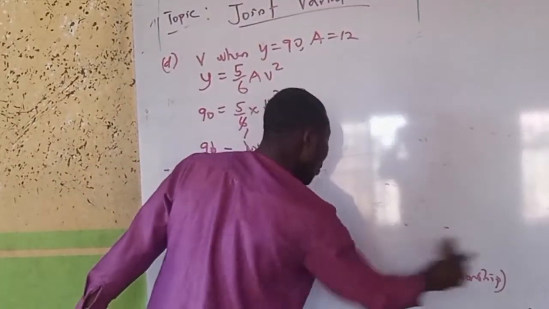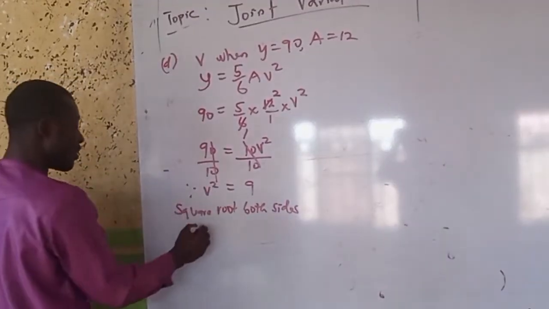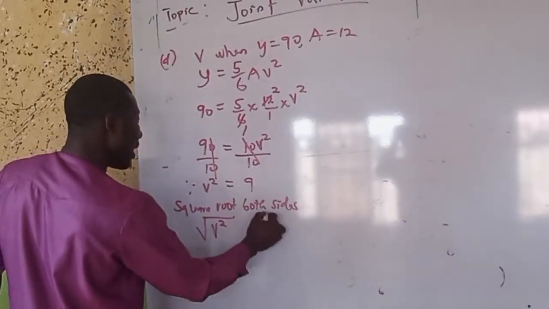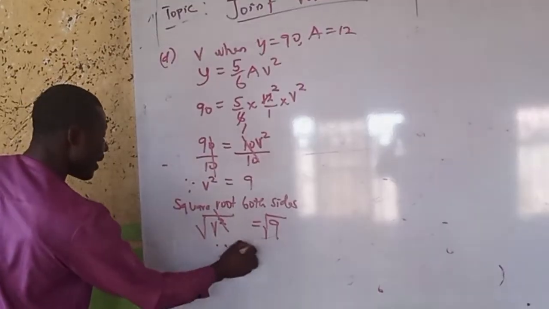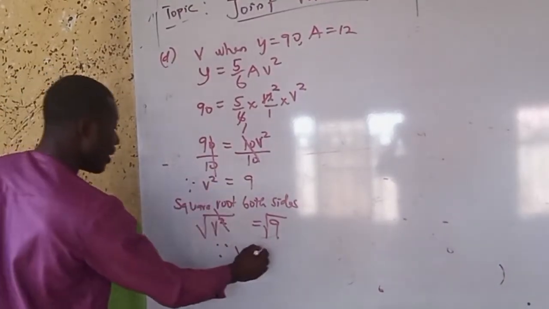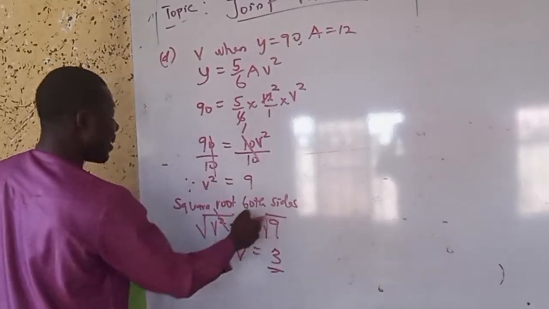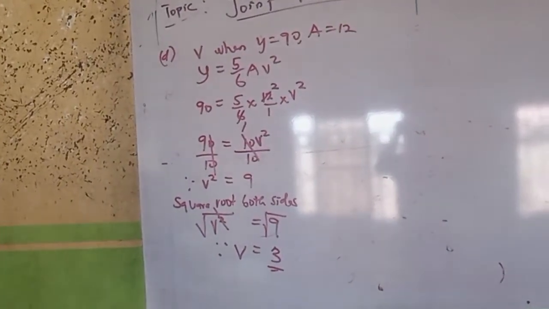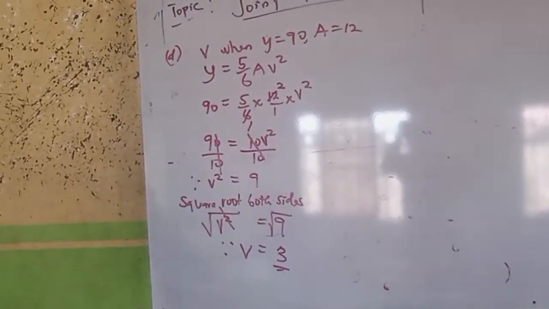Since we want to eliminate the square here, definitely we are going to take the square root. The square root of v squared equals the square root of 9. This one will go. Therefore, v equals, people say plus or minus 3, but in this case let's stick to the positive, that v equals 3. When we find the square root of 9, it gives us that v equals 3. That is the first question there.